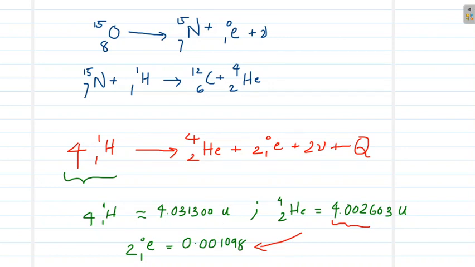So if you calculate the loss in mass, it is the difference between the initial mass and the final mass, which can be calculated to be 0.02756 AMU.